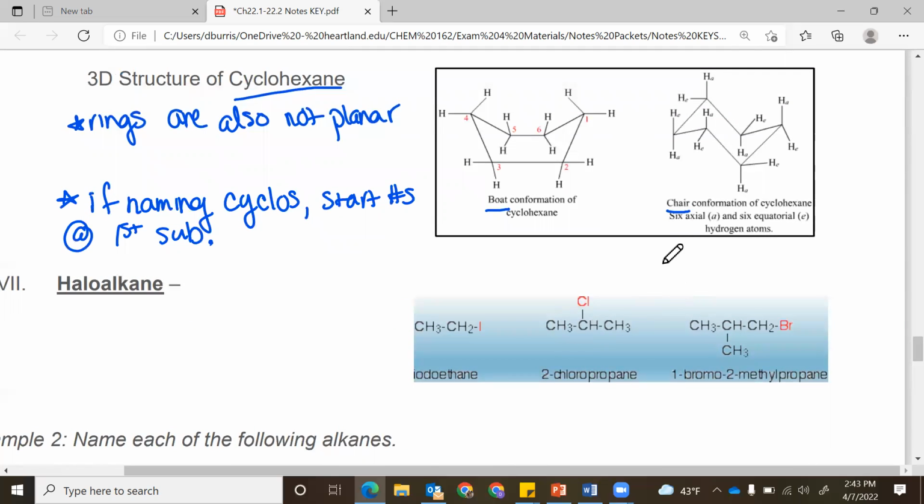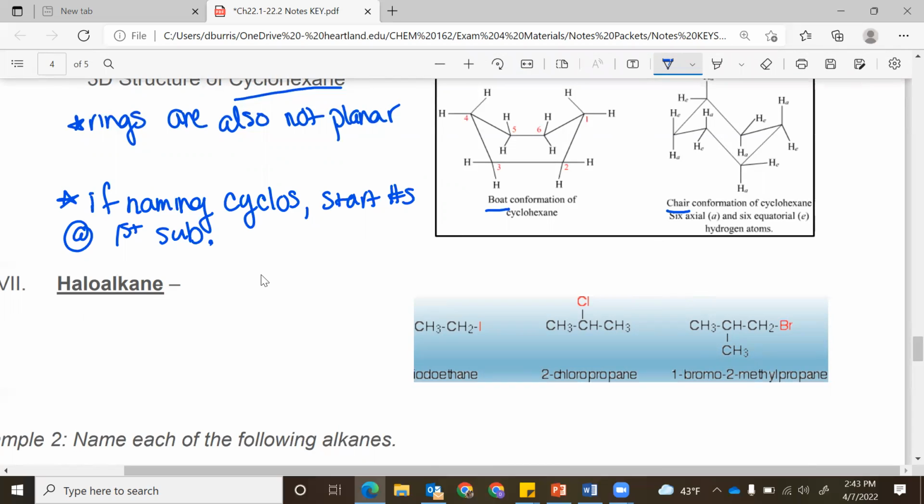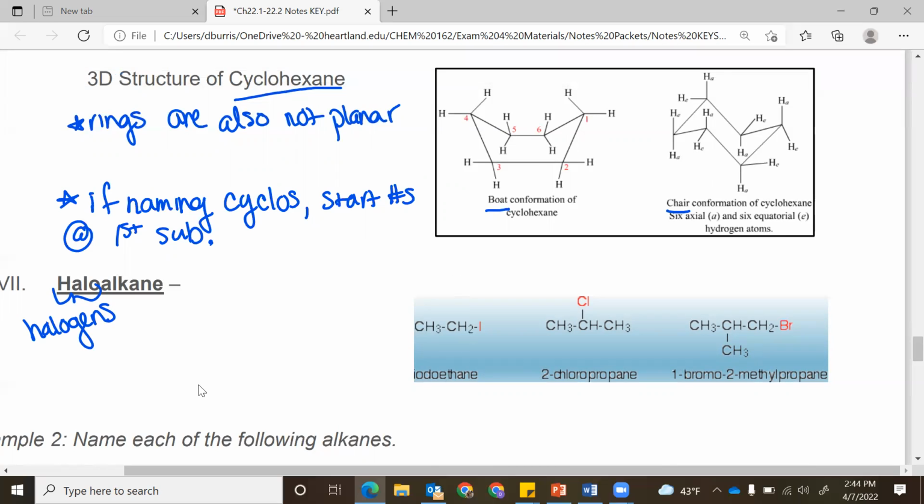Now, besides cyclos, the only other thing I'm going to throw in at this point is haloalkanes. What does halo sound like it comes from? Yes, halogens. So if we substitute one of our hydrogens with a halogen, where do you find the halogens on the periodic table? Yeah, group 7A.